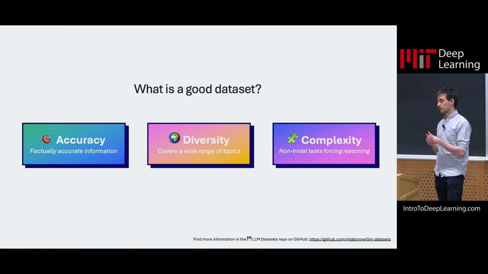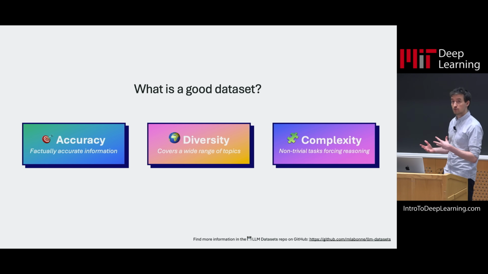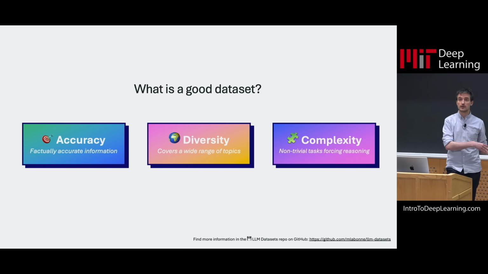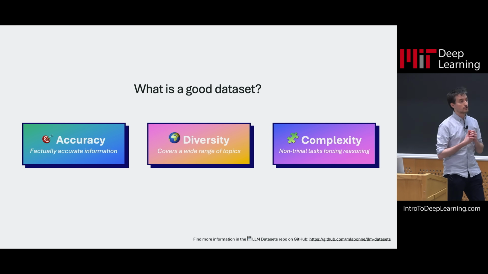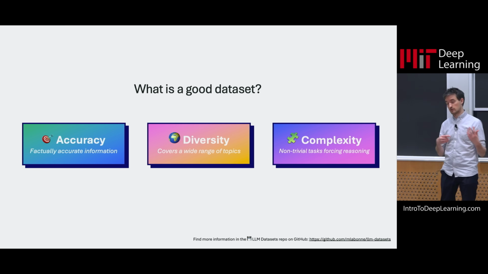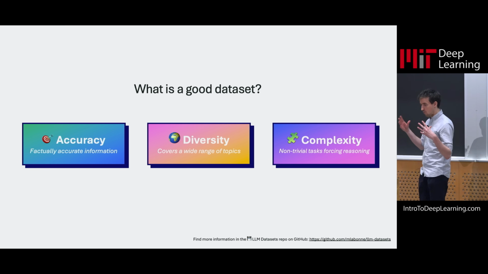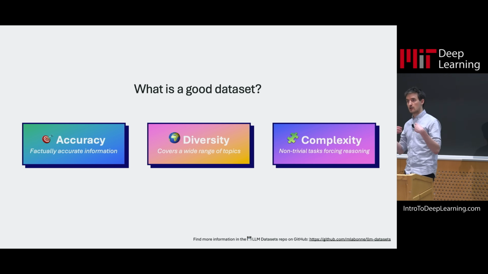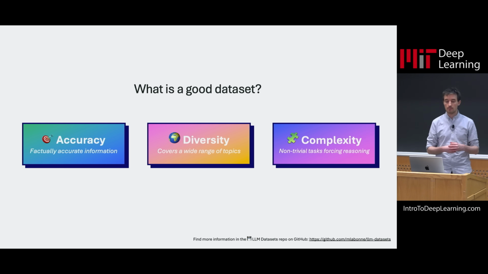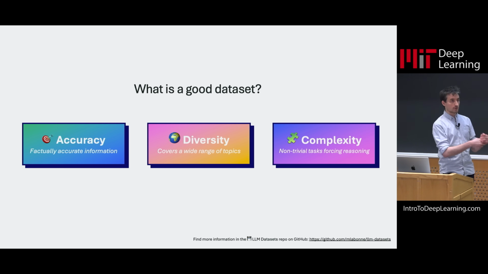For example, if you are dealing with code, you might want to run unit tests to make sure that your answer is correct. If you are answering complex math questions, you might want to use a solver to double check that the answer is correct. So there are all these different ways of ensuring the accuracy of the data that you can use when you generate your data. The second dimension is diversity.